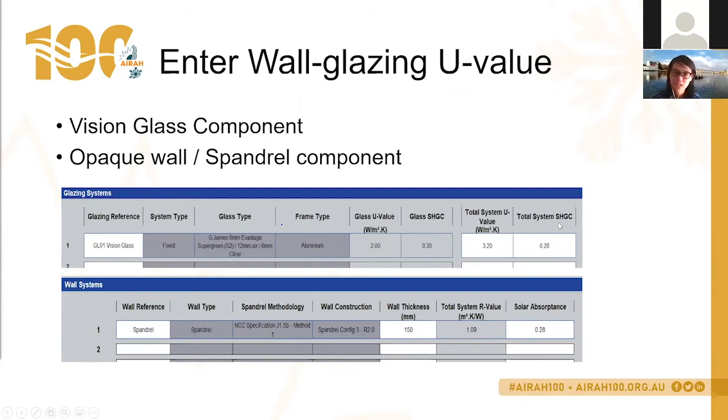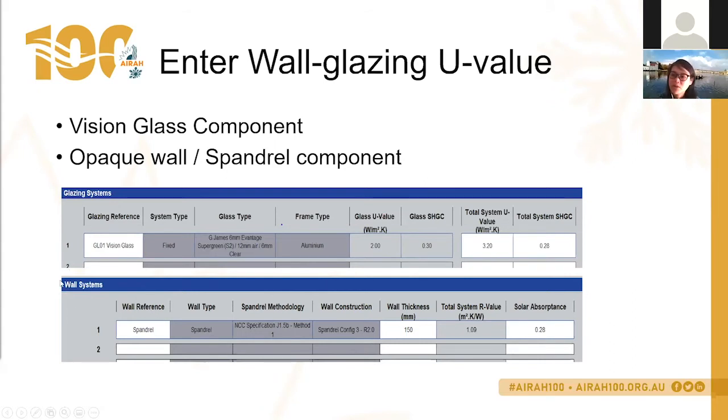Some of these values you can often find from the manufacturer itself, or you might be able to go on the WERS website that would tell you what the U value and SHGC performances are. You just need to be careful because some of those values are quoted based on a very standard size. So if you have a custom sizing, you probably need to go back to the manufacturer and ask them specifically for your construction what the performance is.